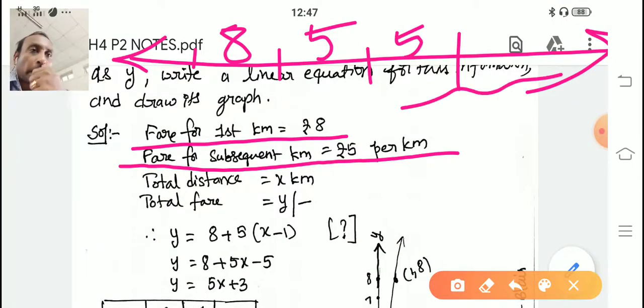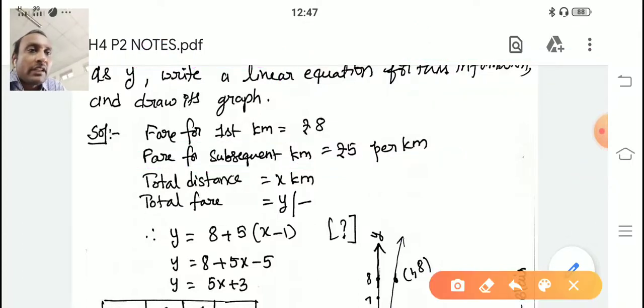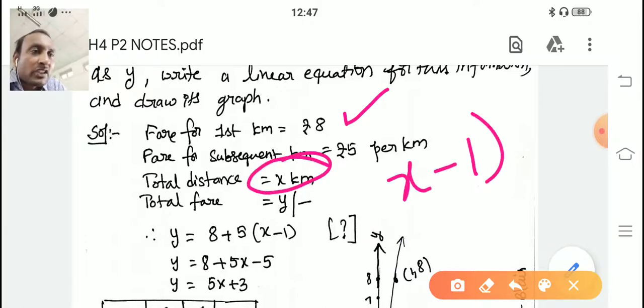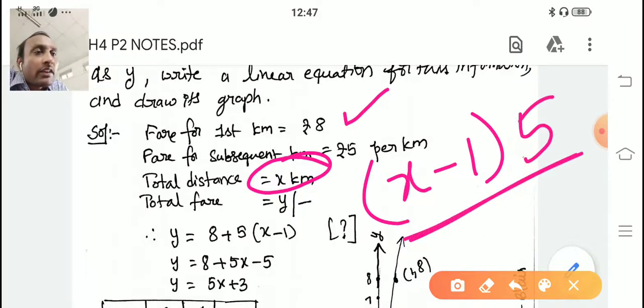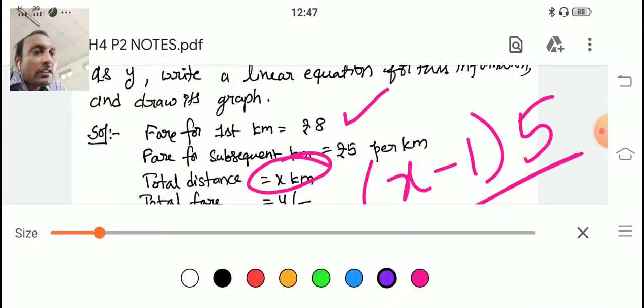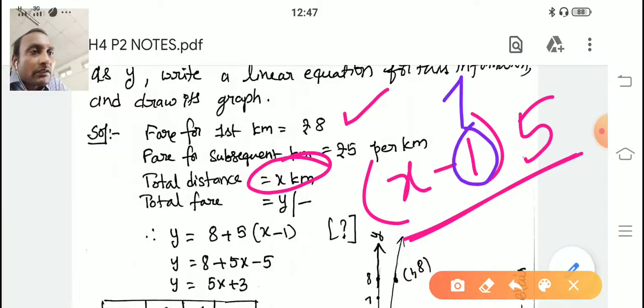Now, you have already paid 8 rupees for the first kilometer, so when x kilometers are travelled, the remaining x - 1 kilometers you should multiply by 5 for the fare, because for the first kilometer you are paying 8 rupees. That is why it is 8 + 5(x - 1).